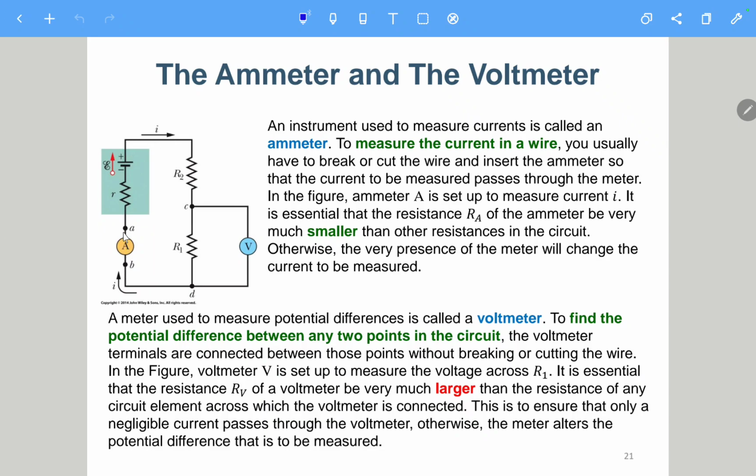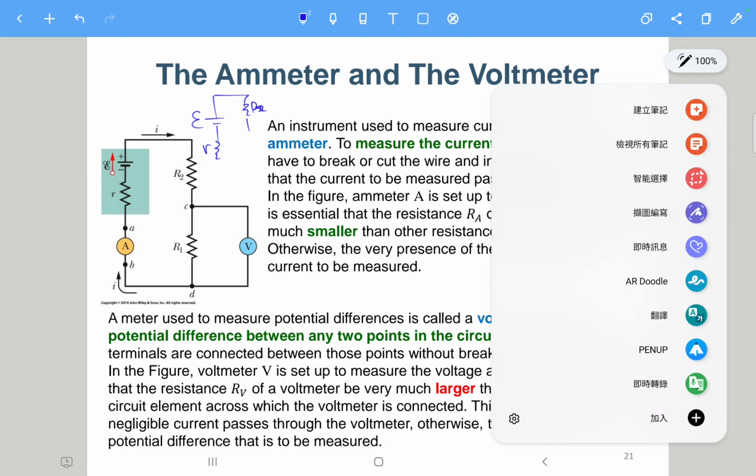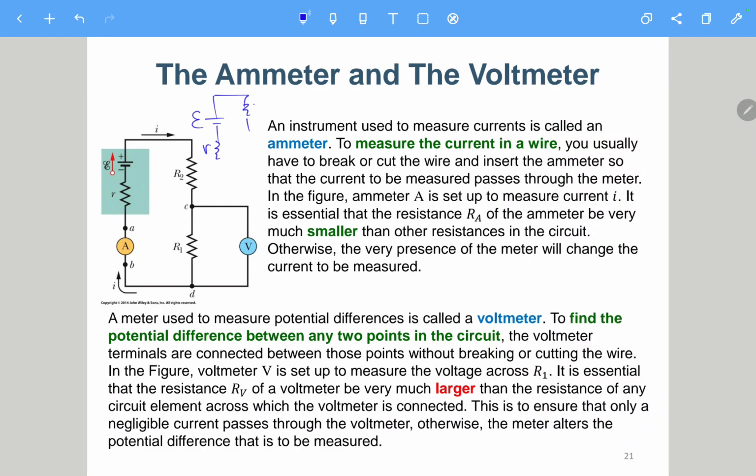Originally the circuit should look like this: this is R, this is the battery E, and then this is R2, this is R1. The original circuit should look like this, before we plug in any ammeter or voltmeter. This is our original circuit.